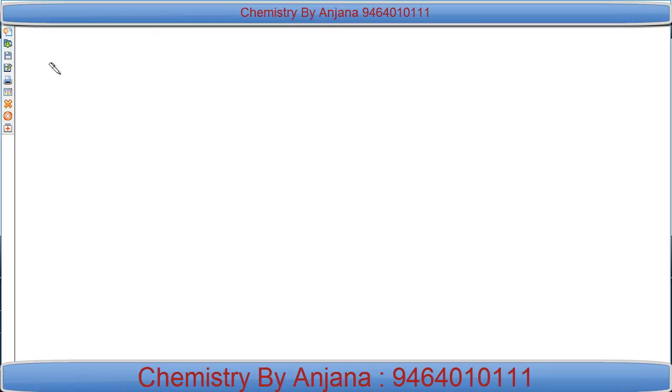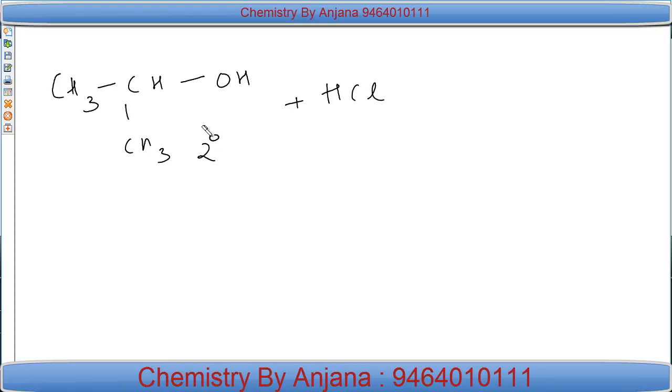So if I am taking an example now of CH3, CH, CH3, then OH plus HCl. Here I have chosen a secondary alcohol. I am referring to the same method which we have just discussed in the previous slide. This carbon is a secondary carbon. So OH attached to a secondary carbon, we term such a functional group as secondary alcohol.